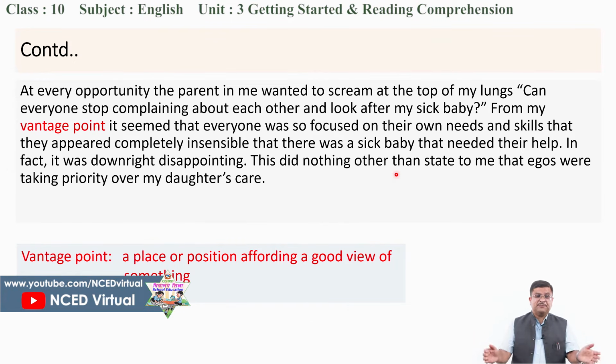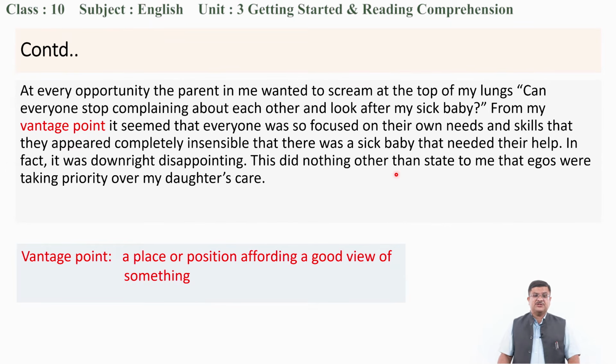Vantage point here refers to a place or position affording a good view of something. From my vantage point, it seemed that everyone was so focused on their own needs and skills. Who were focused on their own needs and skills? The healthcare workers.